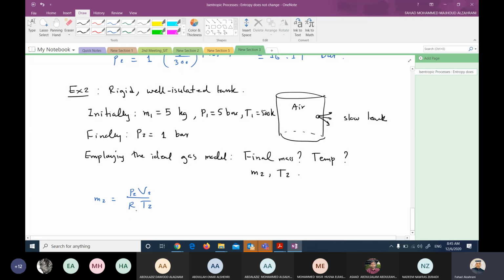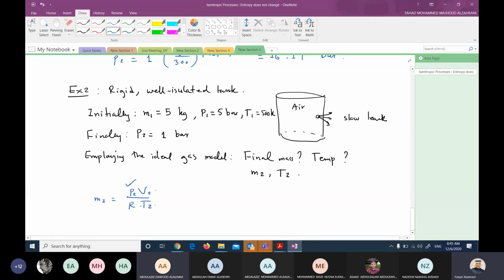Let's see what's given, what's known, what's unknown. I have P2, I don't have T2, and I don't have V2. What can I find here? How can I find V2?